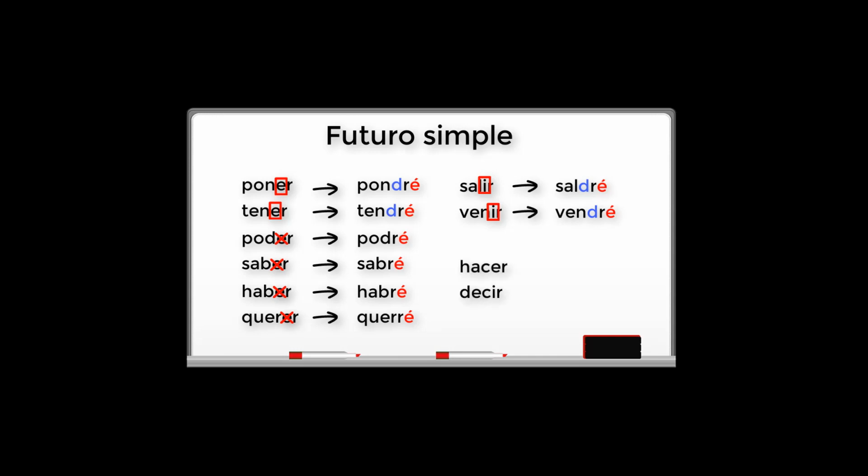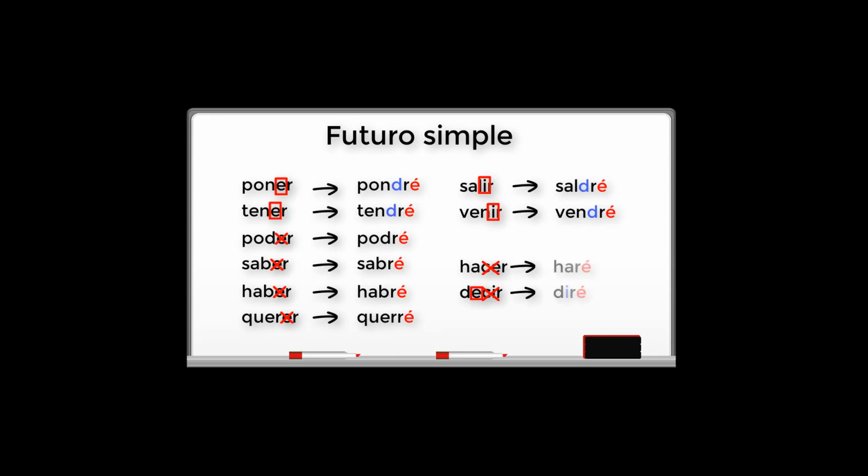Special case is with verbs hacer and decir. Hacer, to do, and decir, to say. Here we are replacing ce and ci. We are removing them, and in decir we are also removing e. We are replacing it with i.